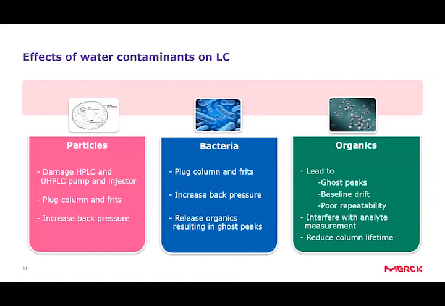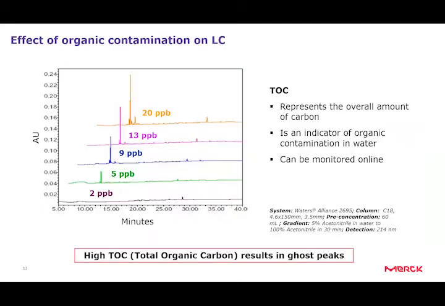Organic contamination may lead to ghost peaks, baseline drift, poor reproducibility, and interference with the analyte measurements. And also, of course, traces of organic molecules affect how accurately you can identify and quantify exactly what you are analyzing.